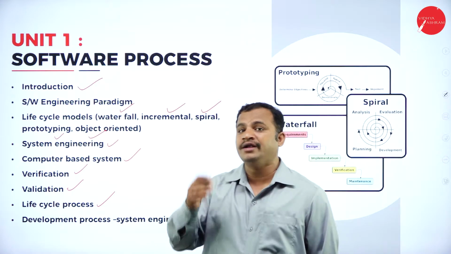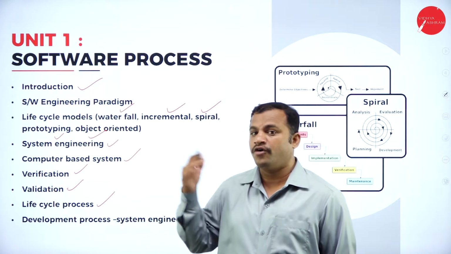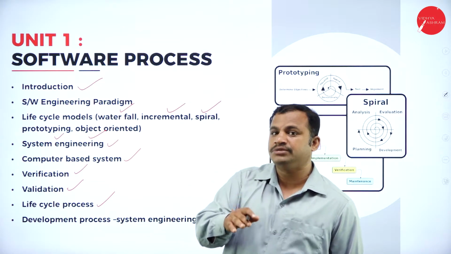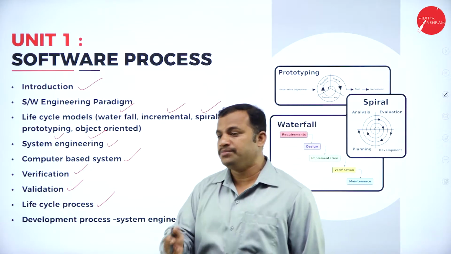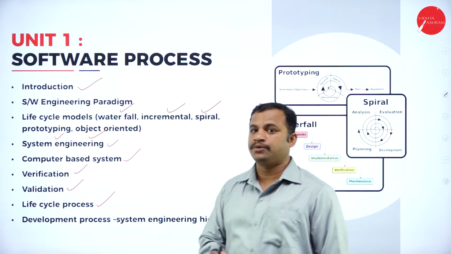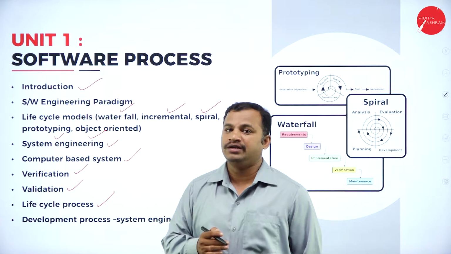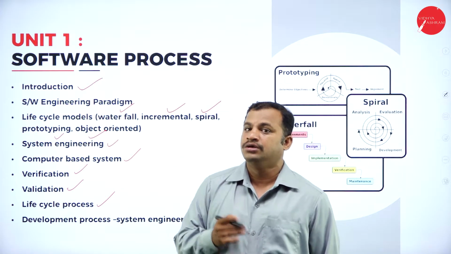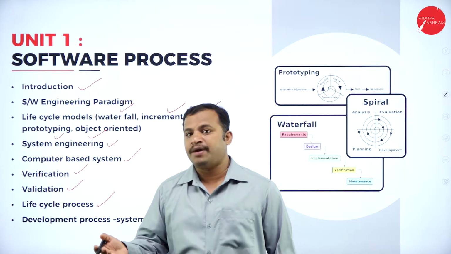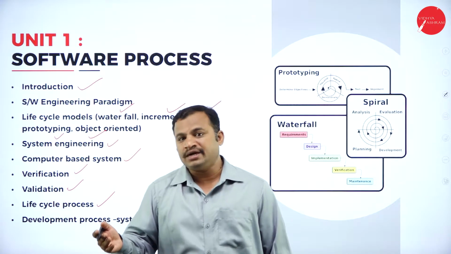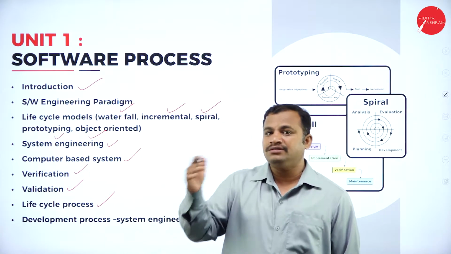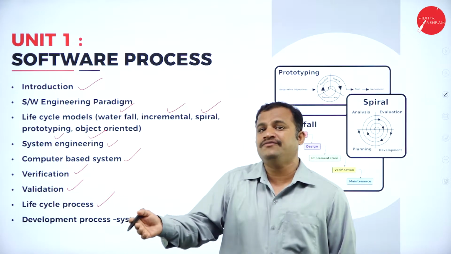There are many advantages when we use the waterfall model. At the same time, there are a few drawbacks as well. Similarly, if I go through the incremental approach, there are a few advantages. At the same time, there are a few disadvantages of using the incremental model. Suppose I employ the spiral model, again, that is comparatively better than the other models, but there are again a few drawbacks.